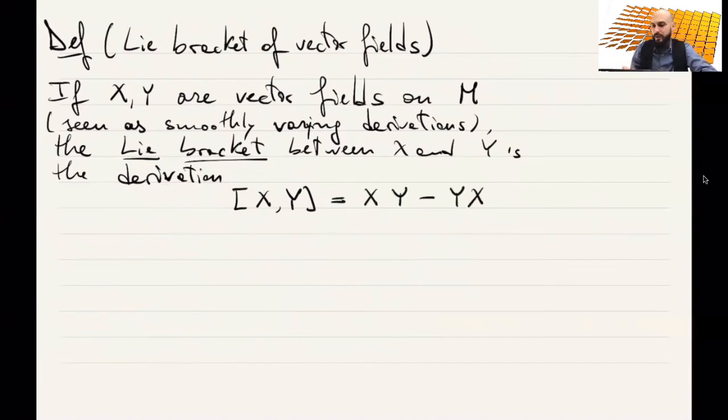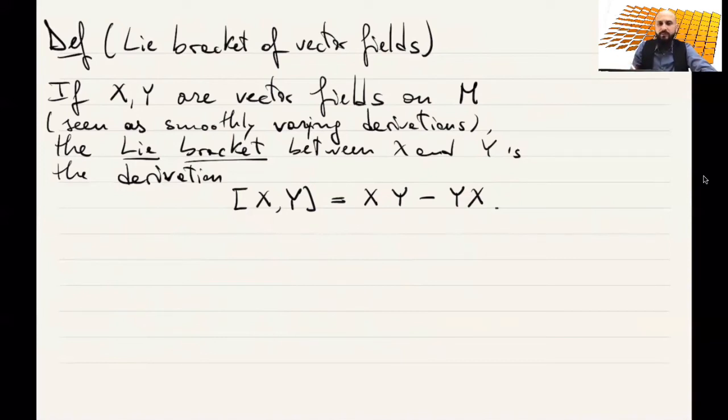Now, this should be thought of as composition of operators. What is not immediately clear is why this object should still be a derivation. Okay, there's something to check. But this defines a vector field.